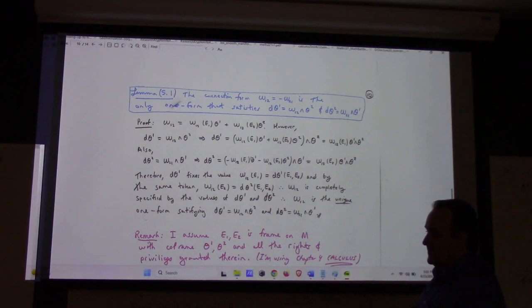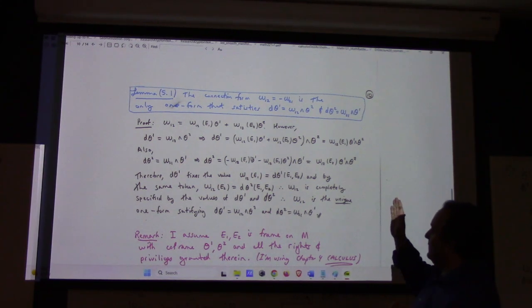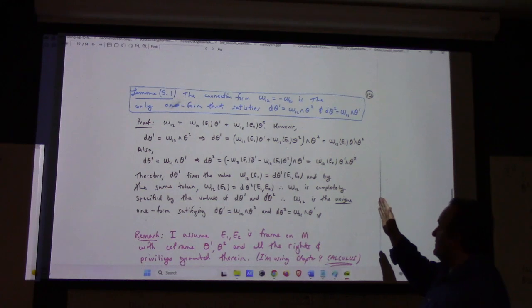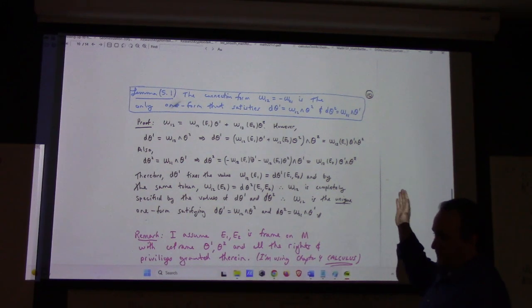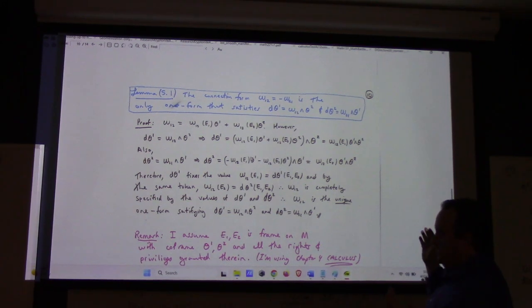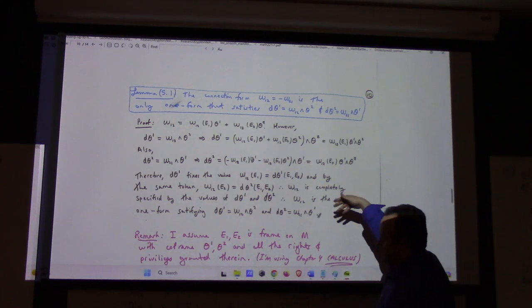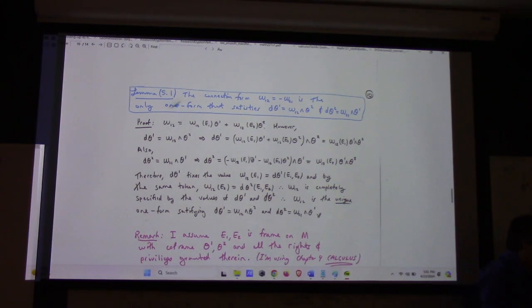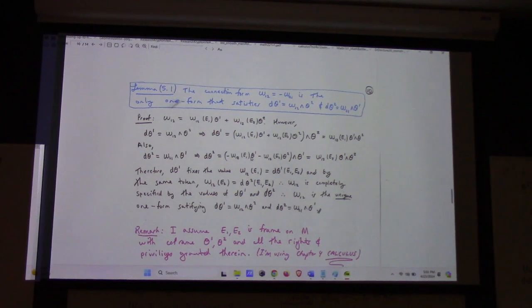If you calculate the exterior derivatives of the coframe, that uniquely fixes a one form, omega 1, 2, such that it wedge products with theta 2 and theta 1 like this. Here's the proof. There's only one. All right, so that's one thing.